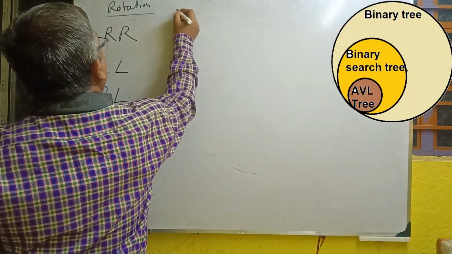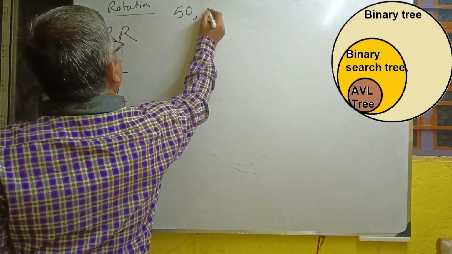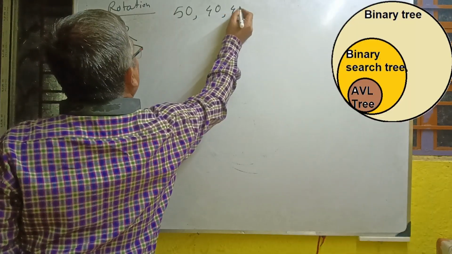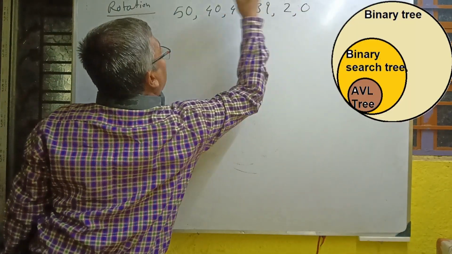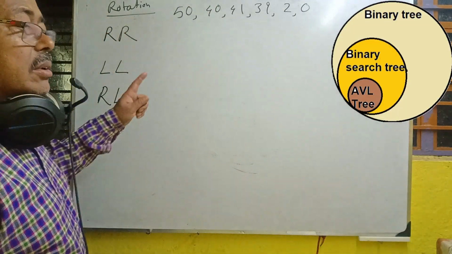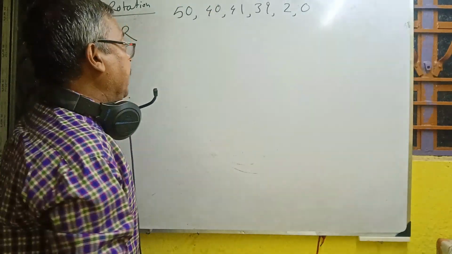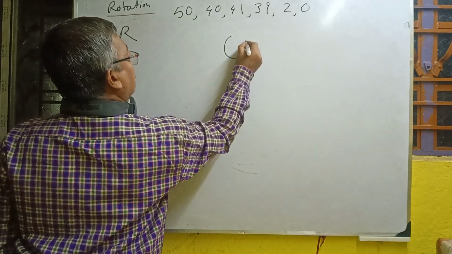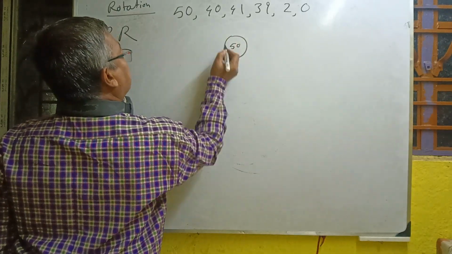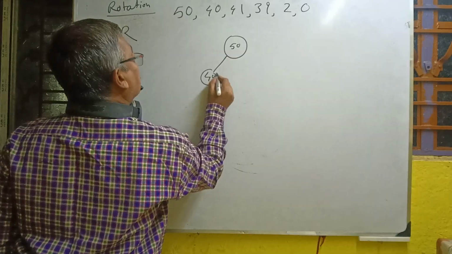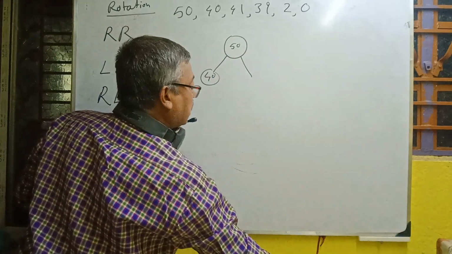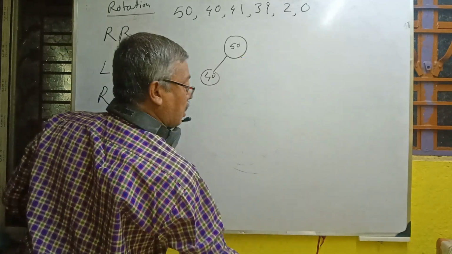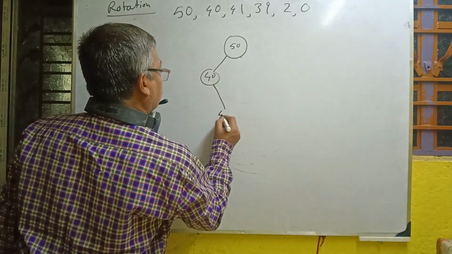Now, if we want to insert values, suppose 50, 40, 41, 39, 20. I want to put the following values into the AVL tree. Suppose 50. 40 is less than 50. 41 is less than 50 and greater than 40.